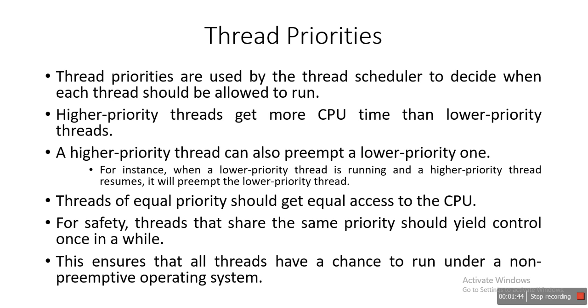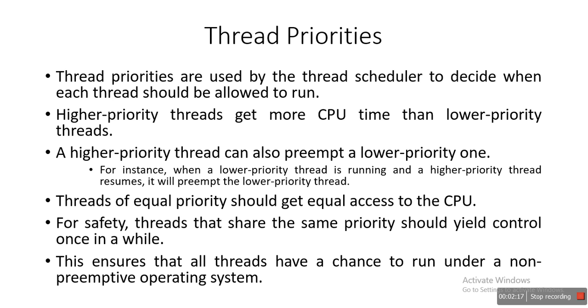The work of a scheduler is allocating the CPU for a particular process or thread. A higher priority thread gets more CPU time than lower priority threads. That is obvious, and it is what usually happens.